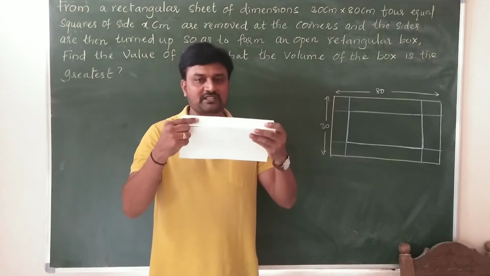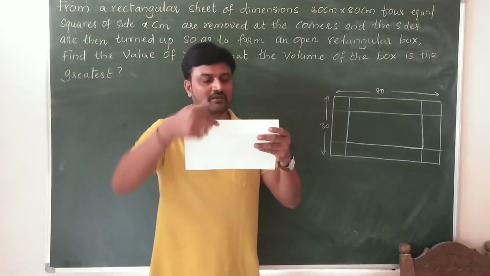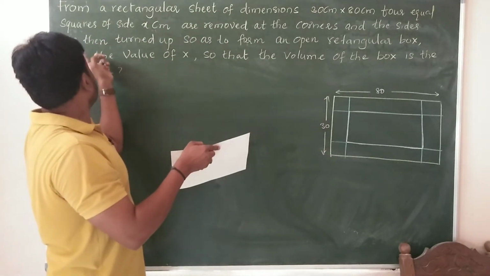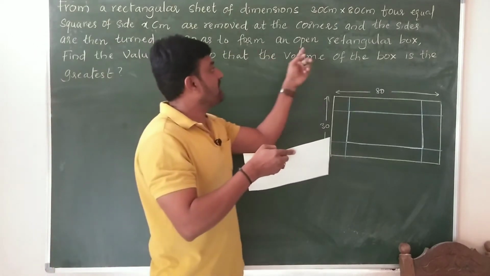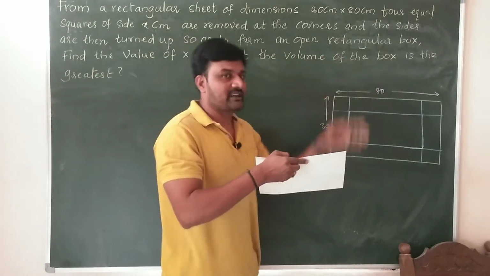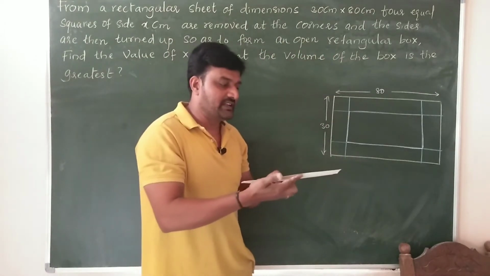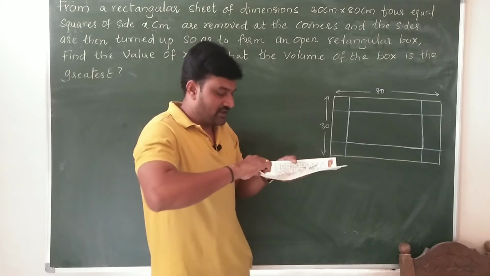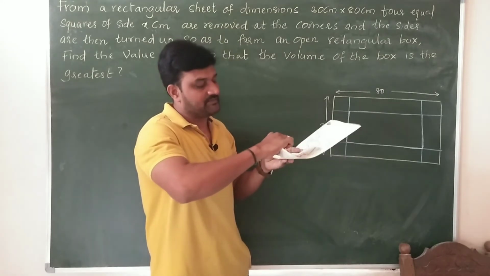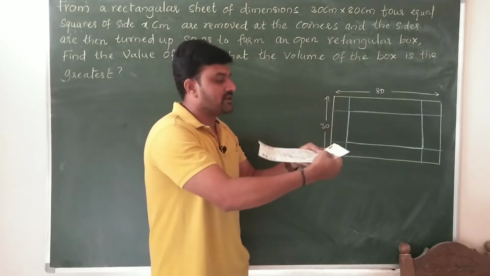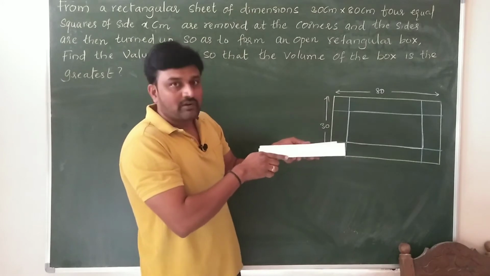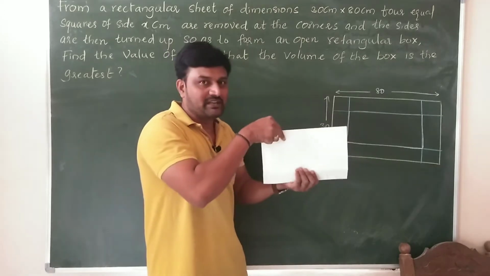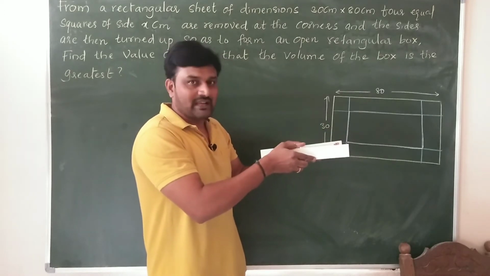After removing 4 squares of x centimeters, it is turned up so as to form an open rectangular box. The rectangular sheet becomes a box.